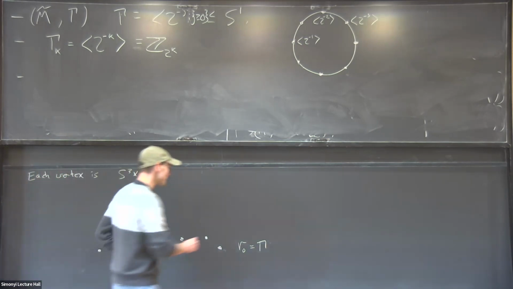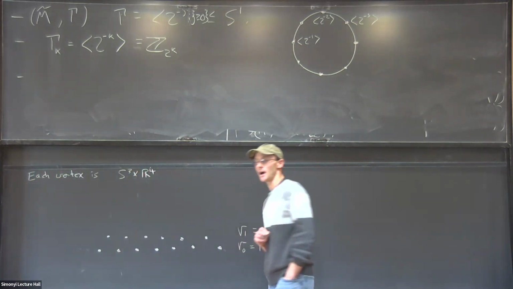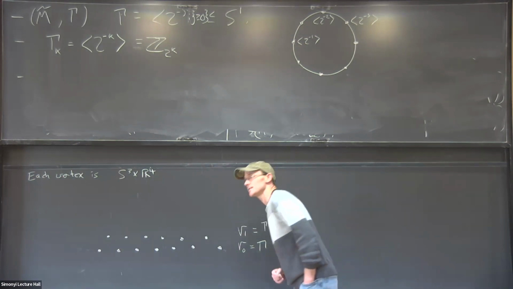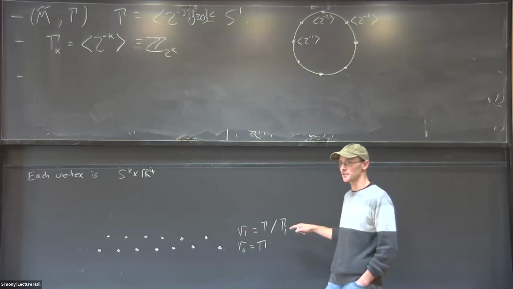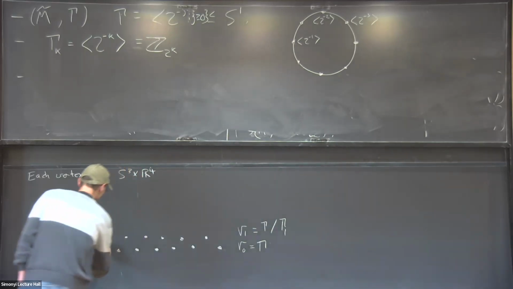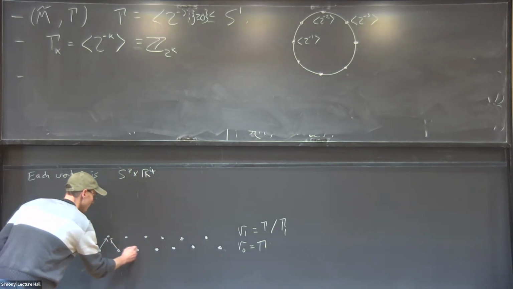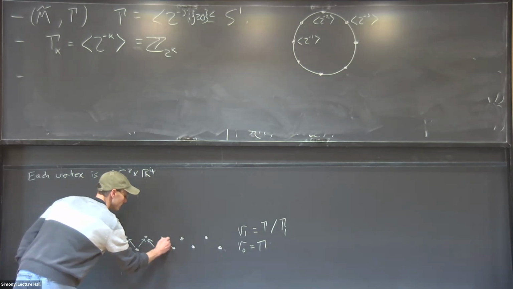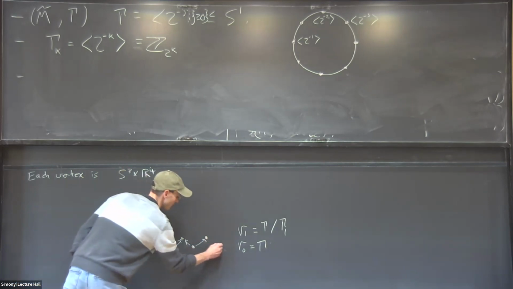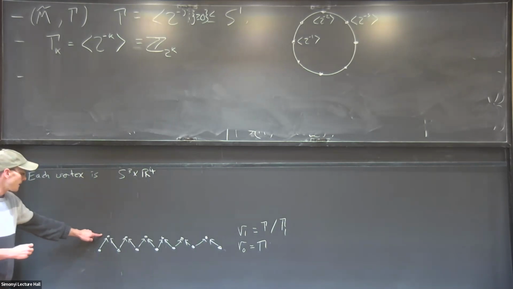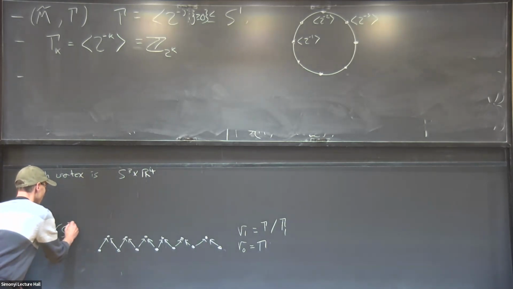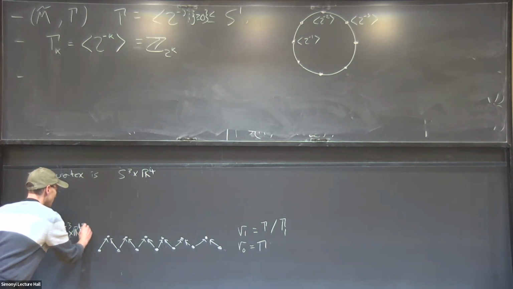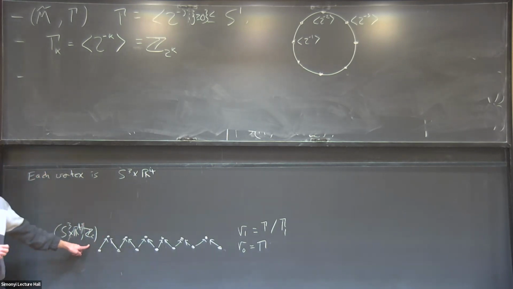My next level of vertices is going to be another infinite number of vertices, which is not going to be gamma. That's going to be gamma mod gamma 1, right? So it has half the number of an infinite number of vertices floating around. And these copies of S3 cross R4 are all going to have Z sub 2 actions on them, gamma 1 actions on them.